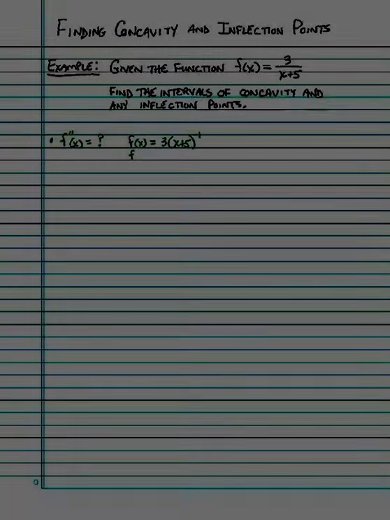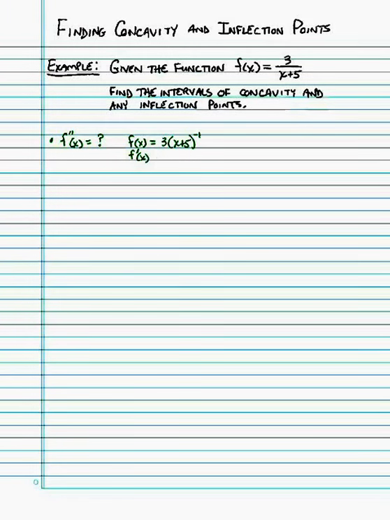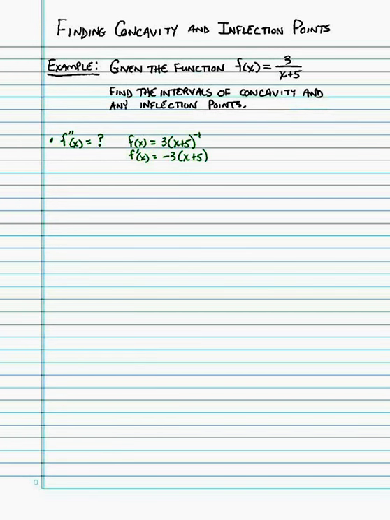Because for the first derivative, I'd take the -1 exponent, multiply with the 3, and get a -3, and then I would decrease the power on the parentheses, so I'd get a -2 power, and then I would multiply with the derivative of what's inside the parentheses, but that derivative is just 1. So I end up with -3 times x plus 5 to the power -2, which is nothing more than -3 divided by x plus 5 to the power 2.